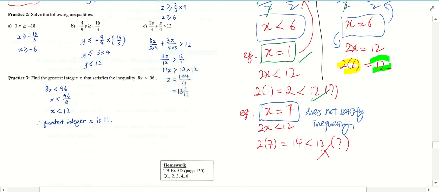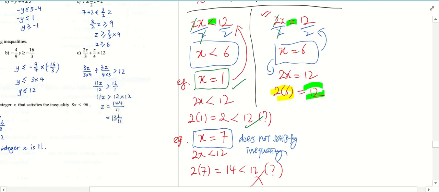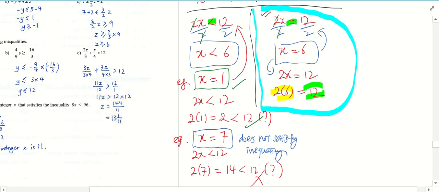So let me sum up this part first. When we deal with the usual equation, like the one on the left hand side, we have one particular value for x when we solve the equation. But for inequality, we get instead a range of values for x, so x can take possibly many numbers so long as it is in line with the inequality that we solve.